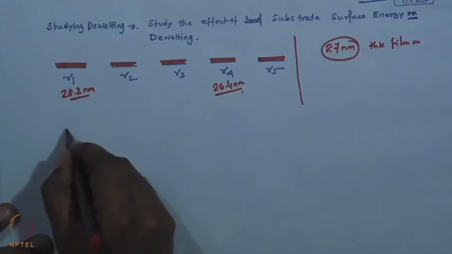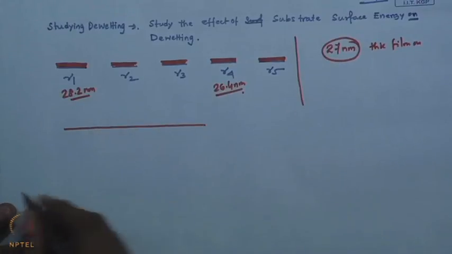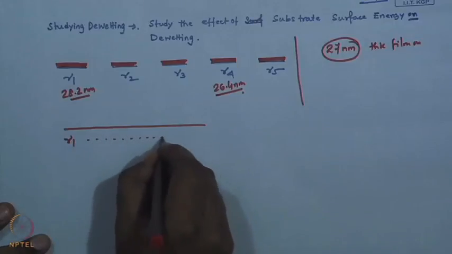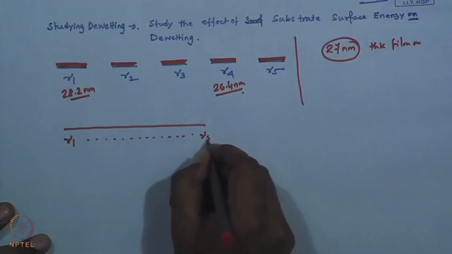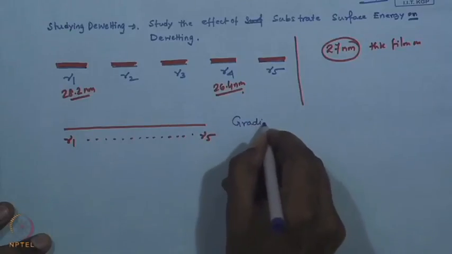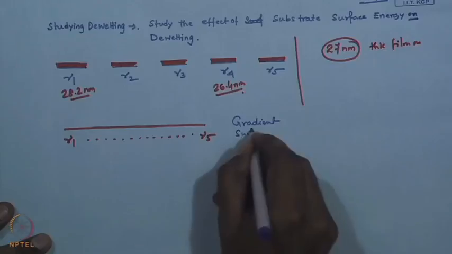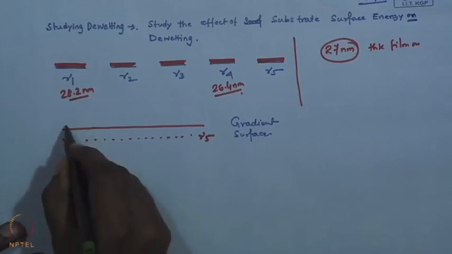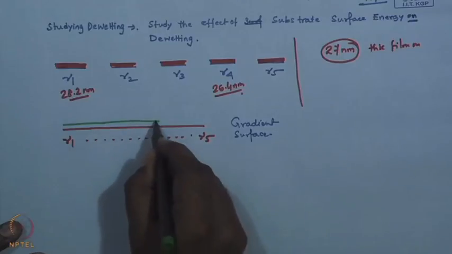Instead of that, if you can create, let us say, a surface where the surface energy varies from gamma 1 on one side to gamma 5 on the other side. So, it is a gradient surface, and now you do a coating. The coating has been done at the same condition.